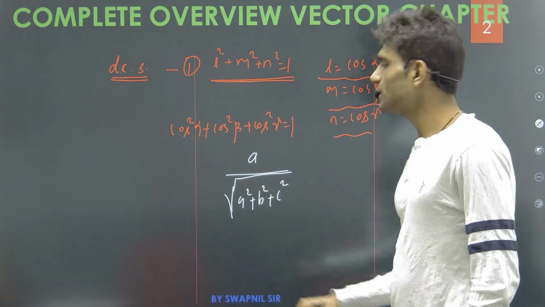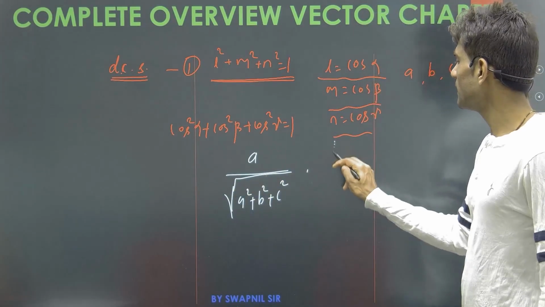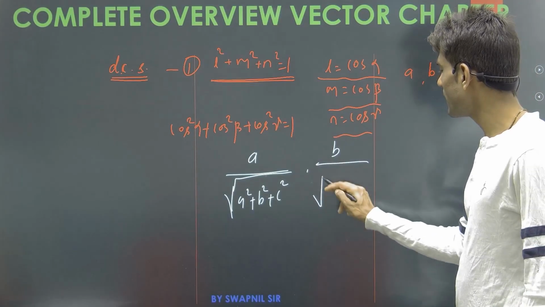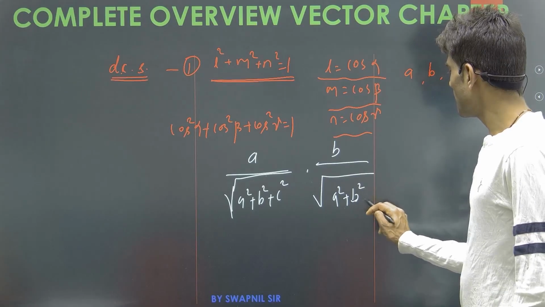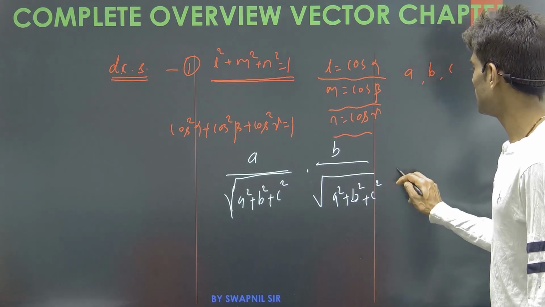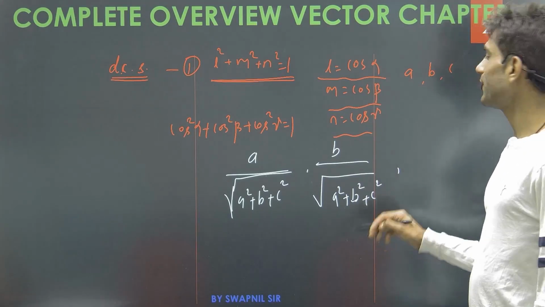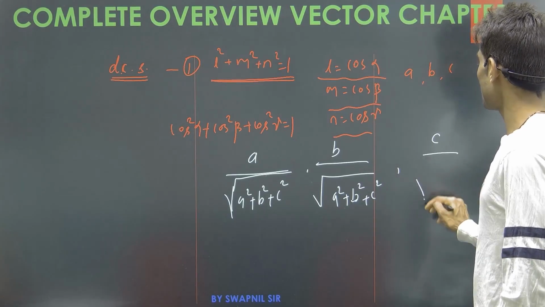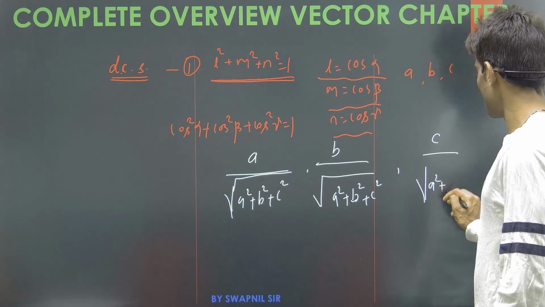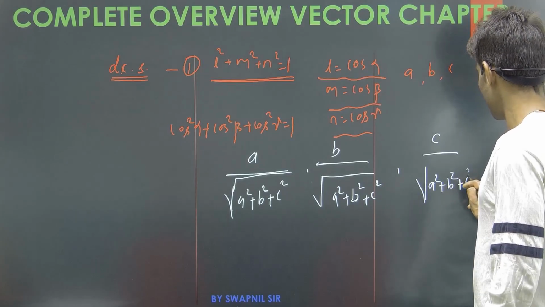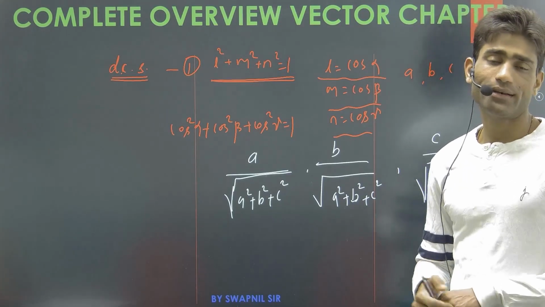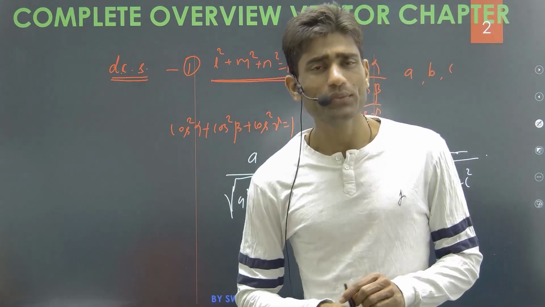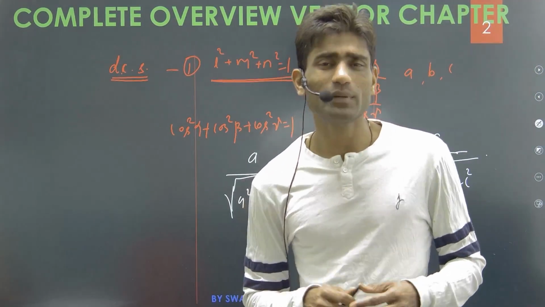Similarly, the second is b upon square root of a square plus b square plus c square, and the third is c upon square root of a square plus b square plus c square. These are the direction cosines for our line. By using these results we are going to solve some examples.